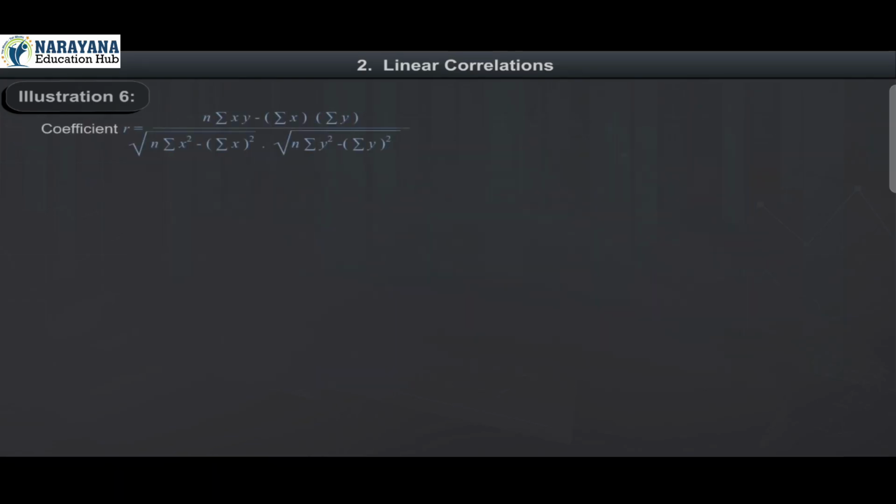Coefficient r is equal to n sigma xy minus sigma x into sigma y divided by under root n sigma x square minus sigma x whole square into under root n sigma y square minus sigma y whole square. Here n is equal to 6, sigma xy is equal to 598, sigma x is equal to 58, sigma y is equal to 61, sigma x square is equal to 574 and sigma y square is equal to 711.